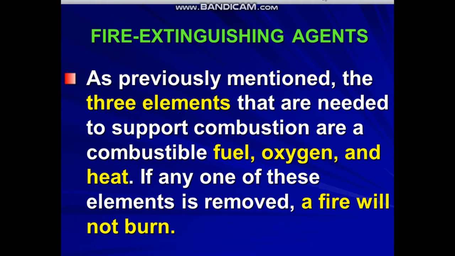If any one of these elements is removed, a fire will not burn. So in the fire extinguisher, we will try to eliminate the oxygen to prevent the fire. And we will do this by two types of fire extinguishing agents.